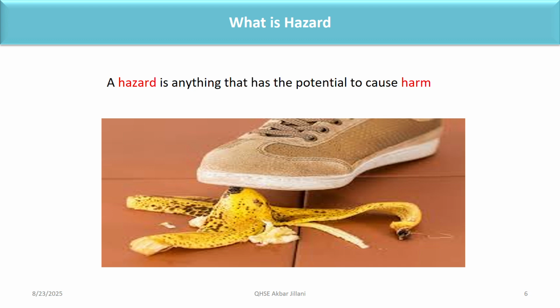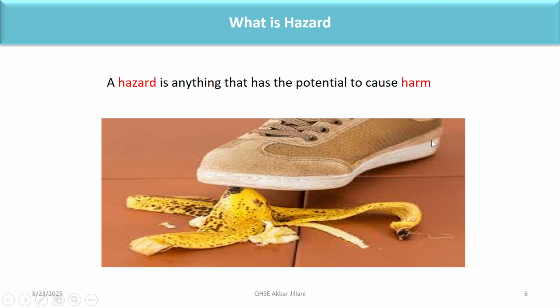Now see, there is a snake. A snake is there, but when we play with the snake, or we interact with the snake, then the snake will bite us and we will get injury, and this is the risk.